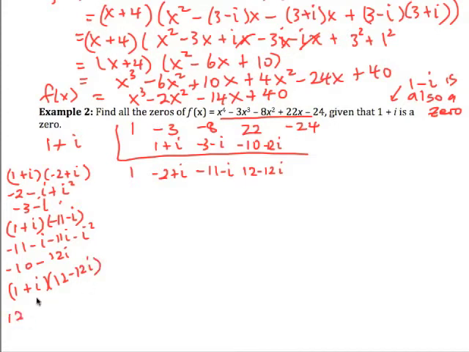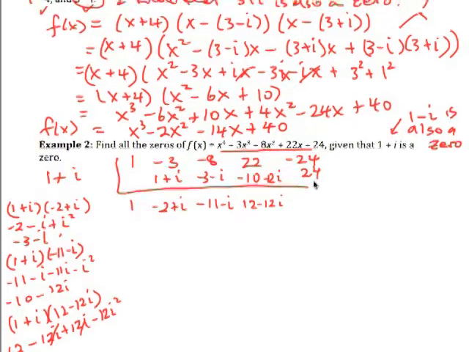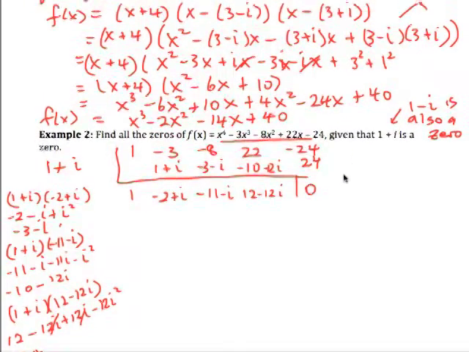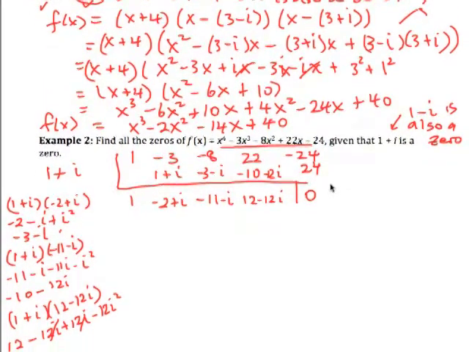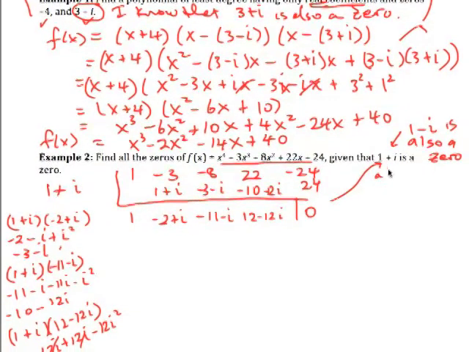So this is 12, subtract 12i, or plus 12i, that's interesting. And of course, minus 12i squared. So this will become plus 12 here, so this will be 24. And these cancel, so I'm going to have 24. And notice we get 0, so that verifies that this is in fact a 0.